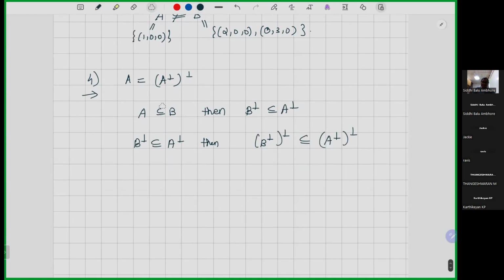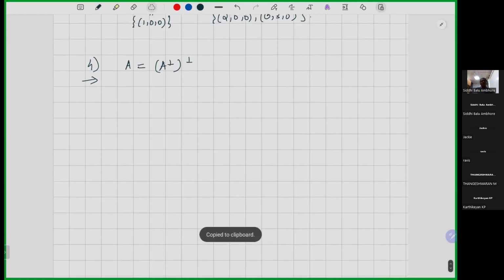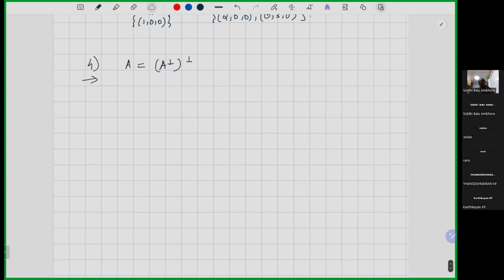So let me just keep this on hold for a while, and we will first see this. I mean, those who just got an idea will know whether this statement is true or not.